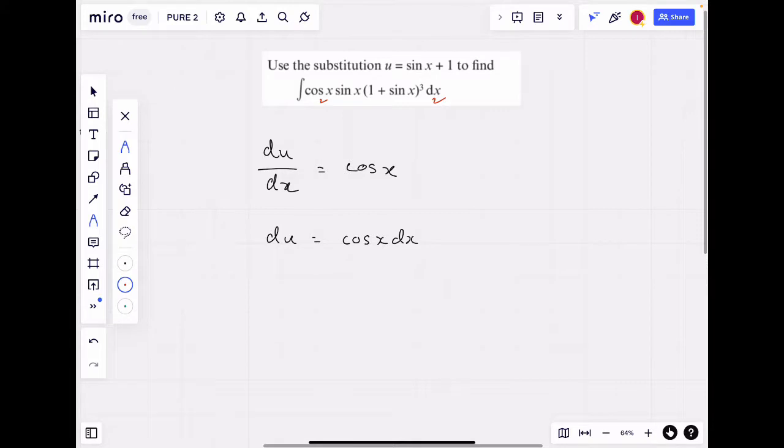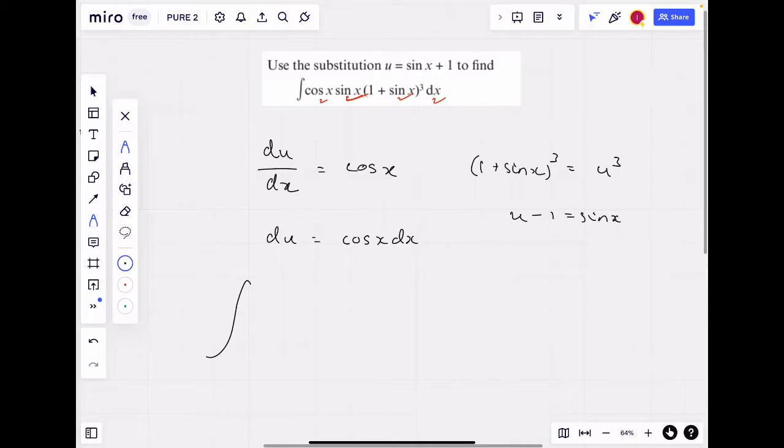Now, the 1 plus sine x all to the power of 3 would be the same as u cubed. That's this part done. And then u minus 1 equals sine x, which is just rearranging the initial substitute, would give us that final one.